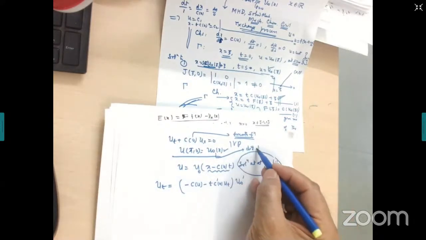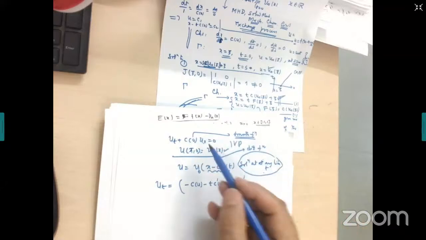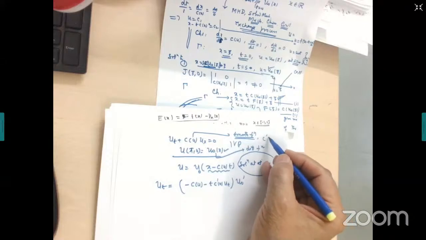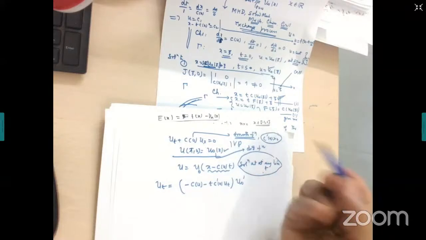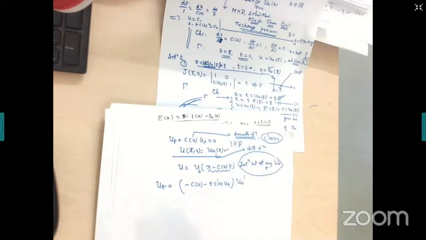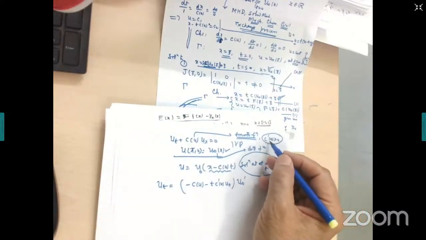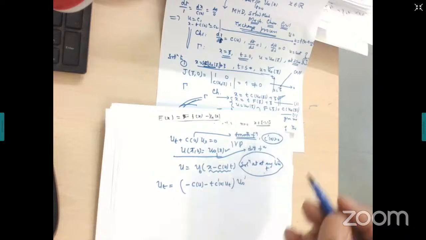c is given to you, and I can take c dash u to be positive without any loss of generality. I can also take it to be negative. I will talk about the flux function later, but let me assume that c prime is positive, dc du is positive.